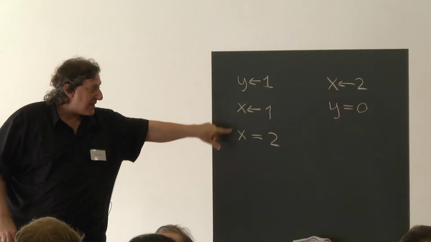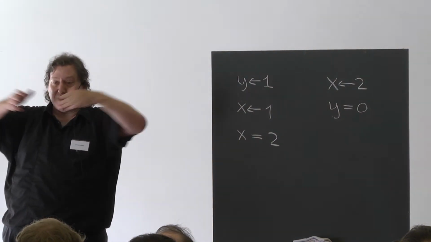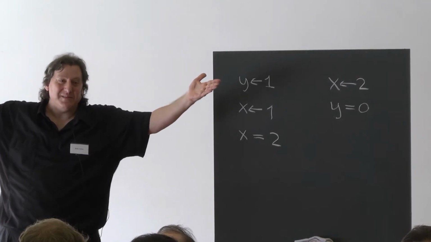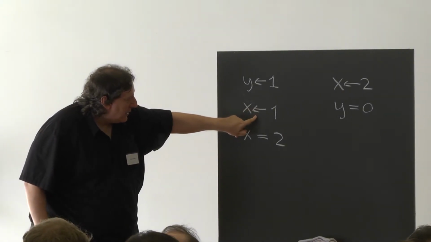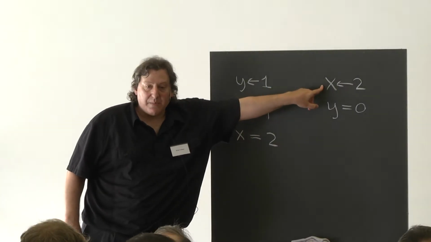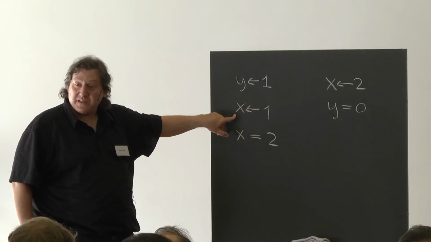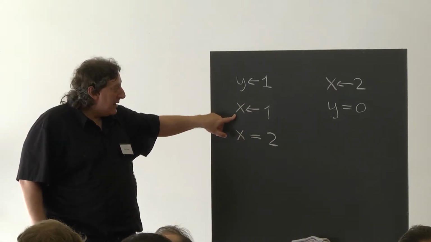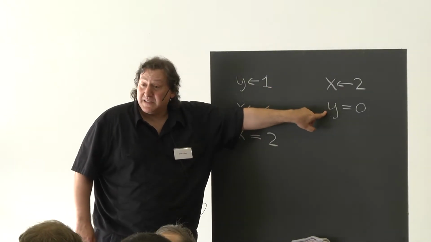So for the stores to X, you have to see the same order everywhere because otherwise you might end up in different states in different threads, right? So the fact that you assign to X 1 here and then you see it's 2 means this assignment has to come in the modification order of X after this assignment. And this, of course, comes before this, and yet he didn't see it.